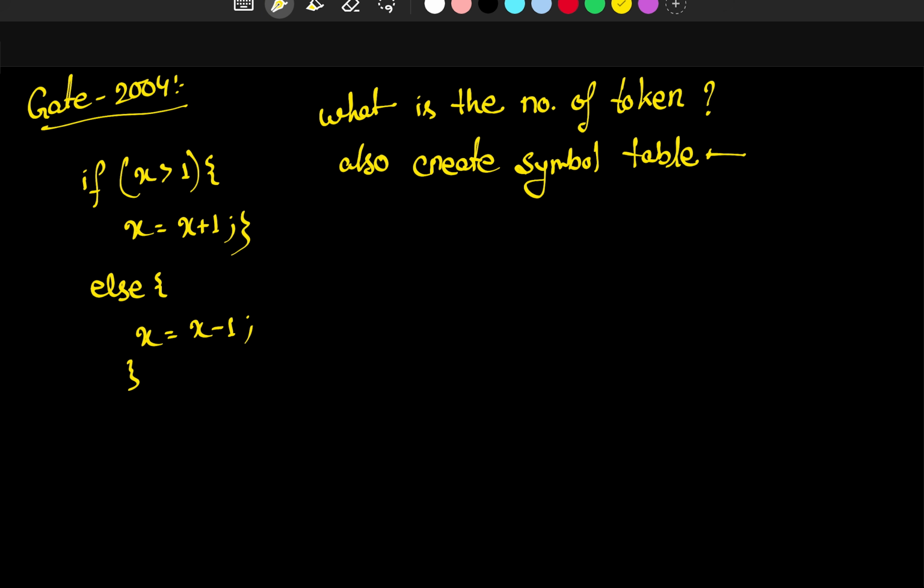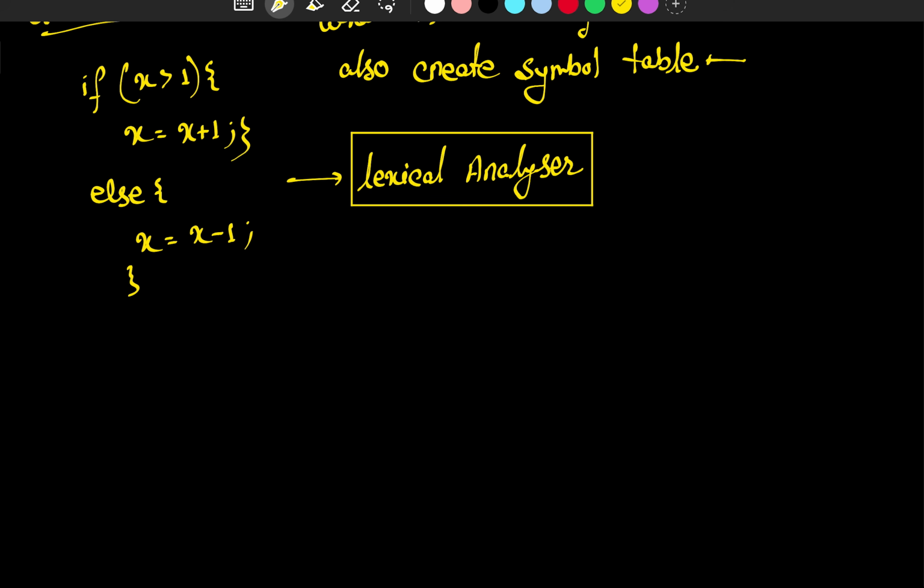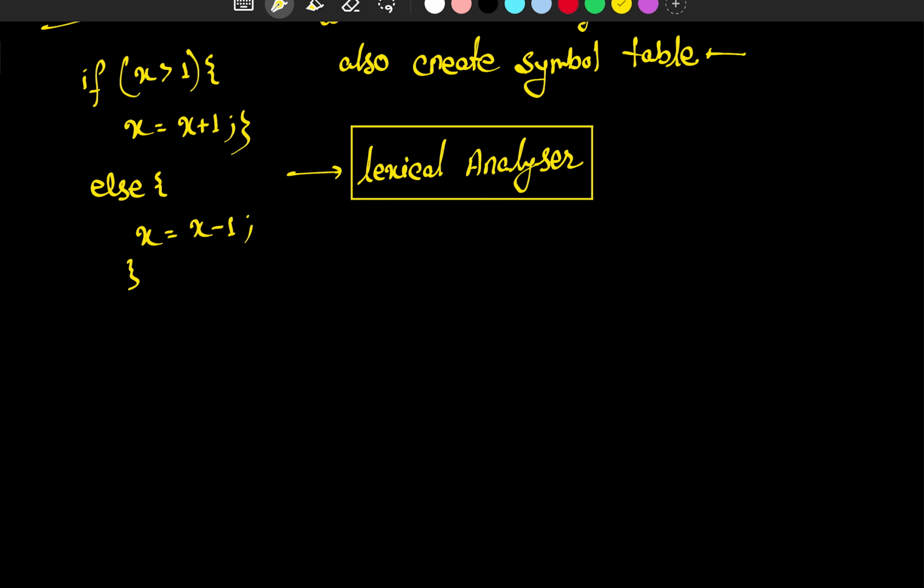So this code will first go to the lexical analyzer phase, and then it will create a symbol table. According to this code, I will write the symbol table.